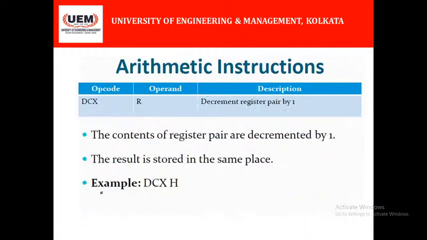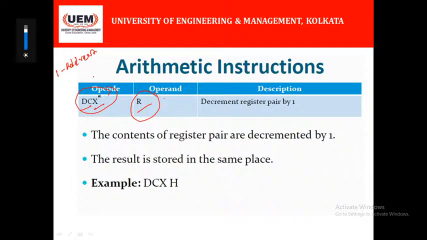Our last instruction is DCX R. In DCX, DC is for decrement, X is for indirect, and R is the operand. How many operands are there? Only one. So needless to say, it is a one address instruction. As there is an X, we can say that it is in indirect addressing mode.